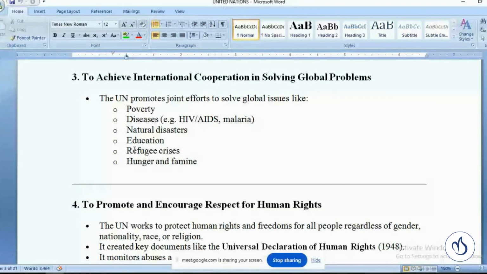Refugee crisis, another problem. It helps in the refugee crisis. For example, our Somalis in this country are highly helped by the UN. It gives them money at the end of the month. You will look at those Somalis, especially around Kampala in Kisenyi on 27th.